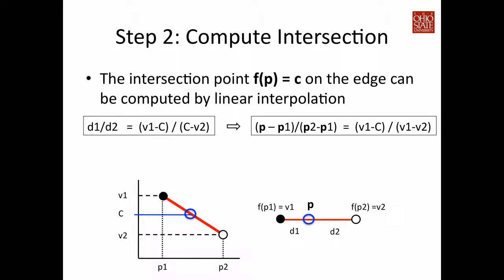P minus P1, the distance D1, divided by P2 minus P1, the distance D2, equals V1 minus C divided by V1 minus V2. So from here, we can solve for the position P by shifting the terms around in this equation, and we get this answer in the gray color box.